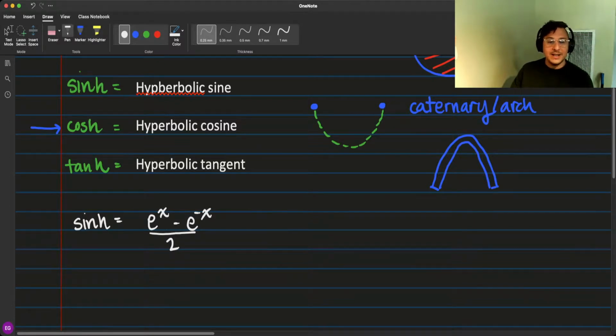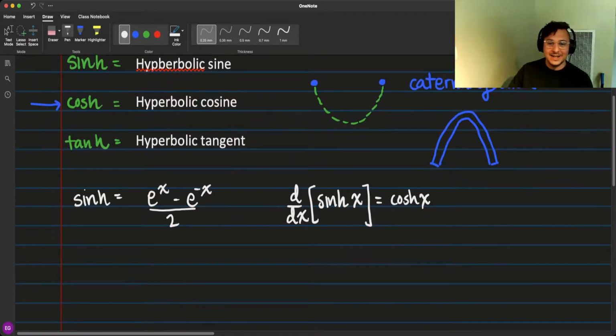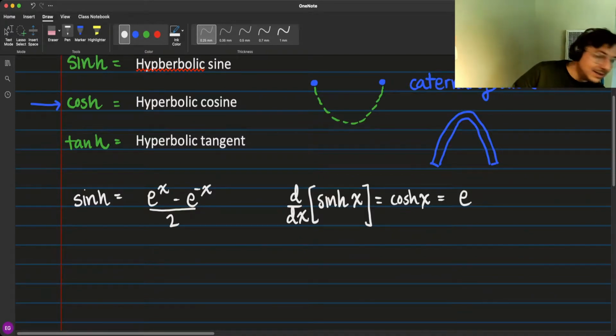Now, if these are anything like regular sine, what should the derivative of hyperbolic sine be equal to? Yeah. Interesting fact, the hyperbolic cosine is e to the x plus e to the minus x over 2.